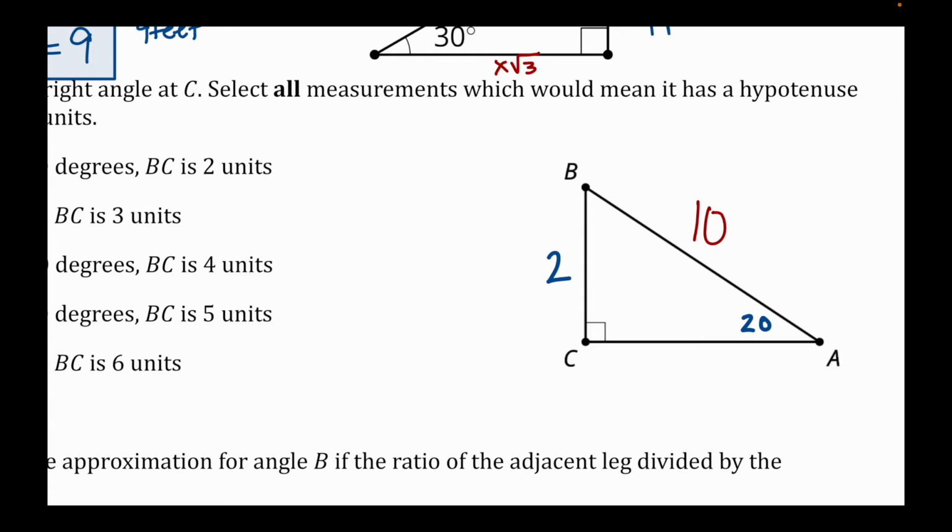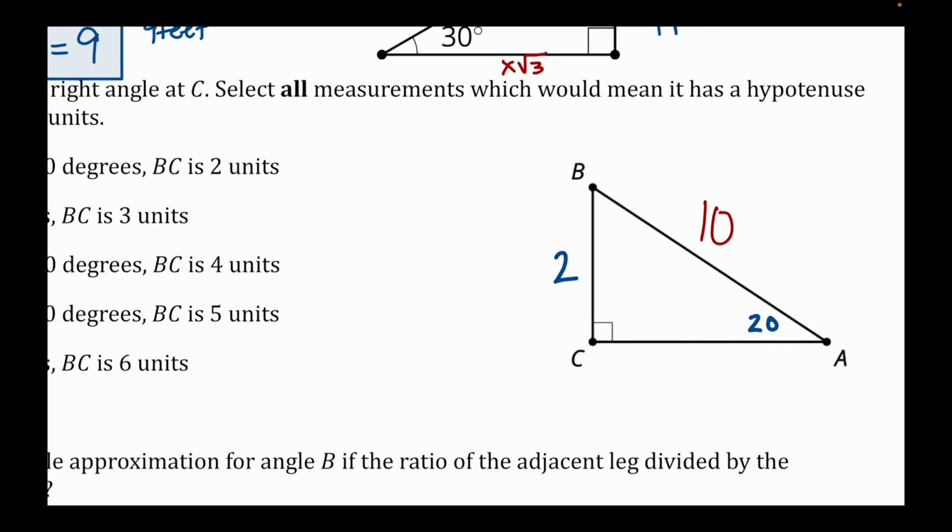Now, looking at 20, we have the hypotenuse here as 10. 10 is always going to be the hypotenuse. We want to know, in this case, we have 20 degrees, and then we have the opposite and the hypotenuse. So opposite over hypotenuse for 20 degrees, that should be 0.342.